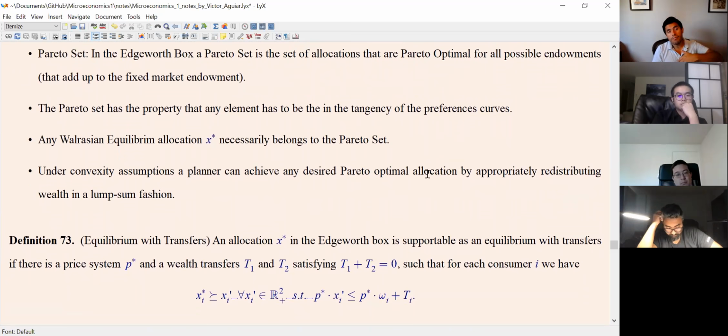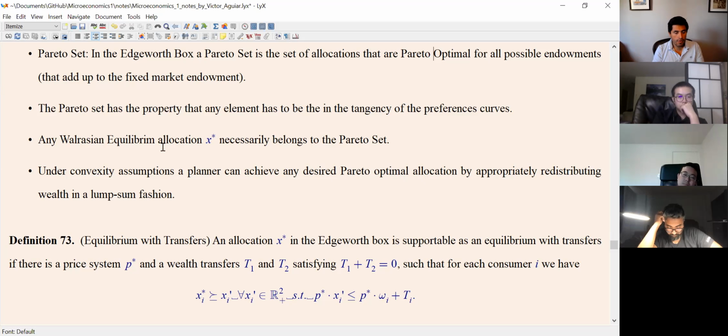Anything away from that means some of them can improve their utility a bit by consuming some of the goods that are being wasted. This is a geometric intuition; the definition is what matters: you cannot find anyone who can improve their situation strongly while the rest remain the same.